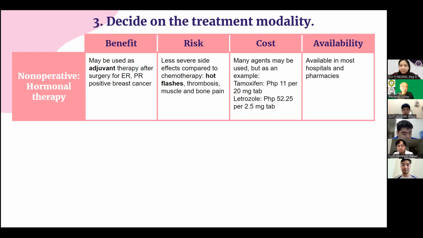Okay. And then on the benefit side, right away you can say, for this particular patient, you want to control, you want to remove, you want to resolve the breast mass, di ba? Okay.